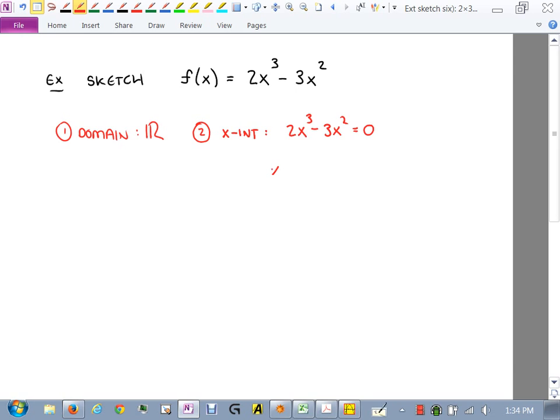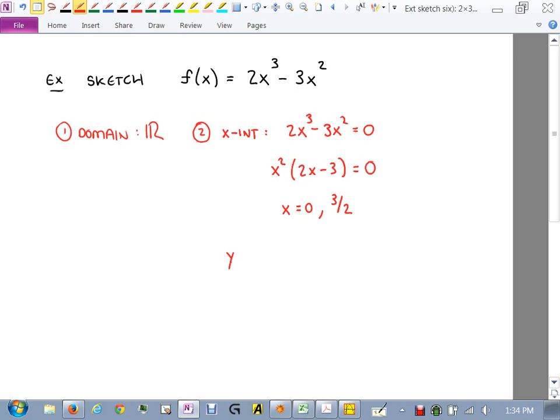How about factoring out an x squared, leaving me with 2x minus 3 equals 0. What are my solutions here? 0 and 3 halves. I should have 2 x-intercepts, 1 at 0 and 1 at 3 halves.